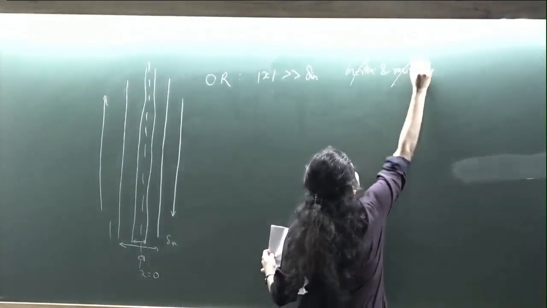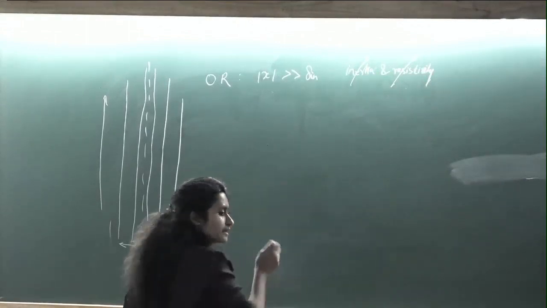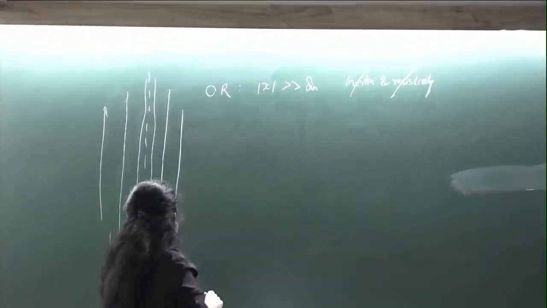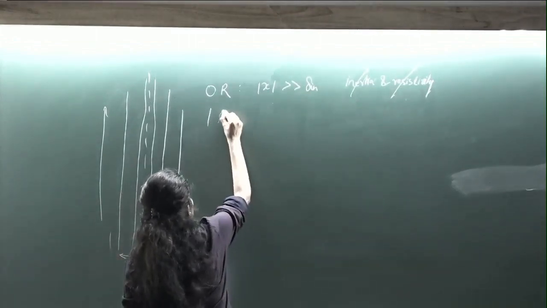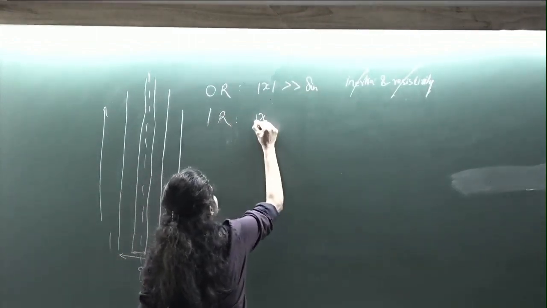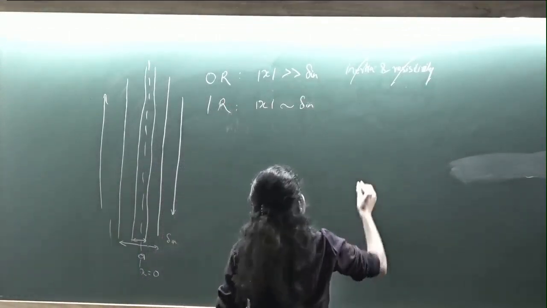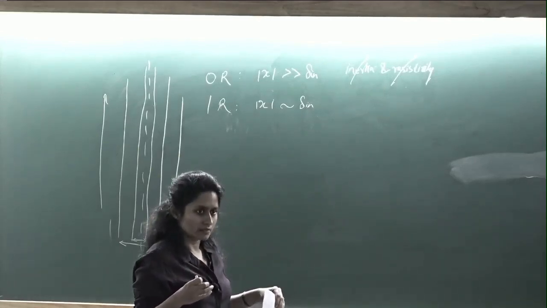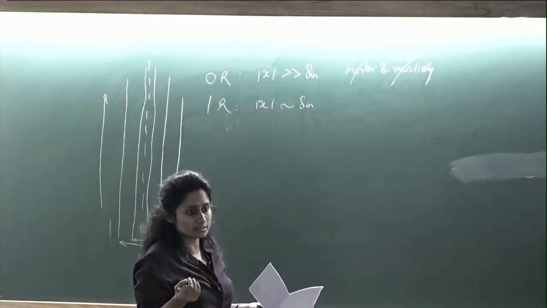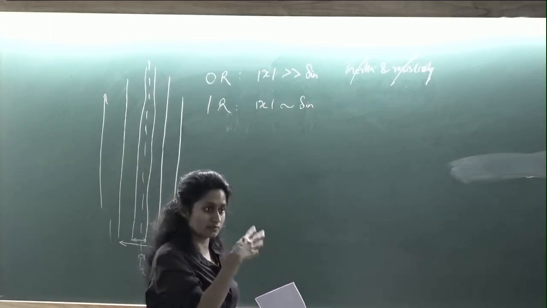I'm not going to consider it in the outer region. In the inner region, where resistivity is important, we'll have gradients which are much larger than the wave number responsible for the growth.